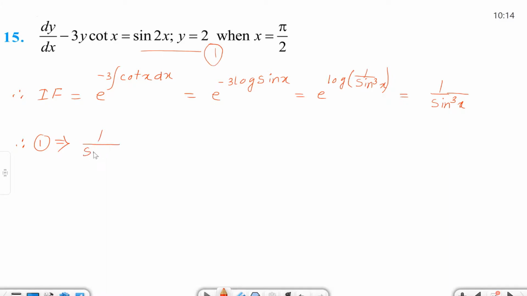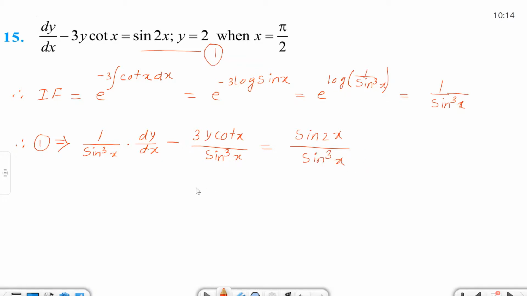1 by sin cube x into dy dx minus 3y cot x divided by sin cube x is equal to sin twice x divided by sin cube x.